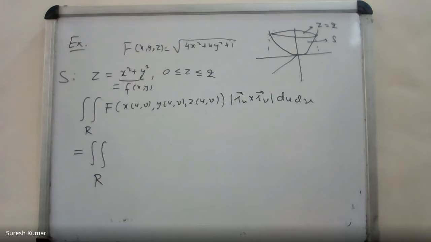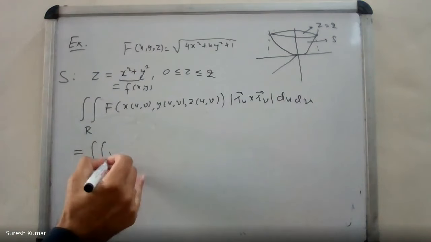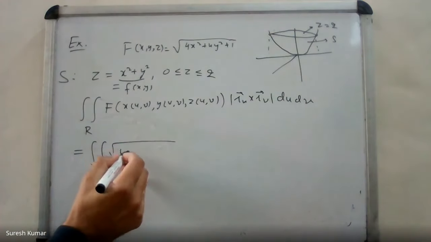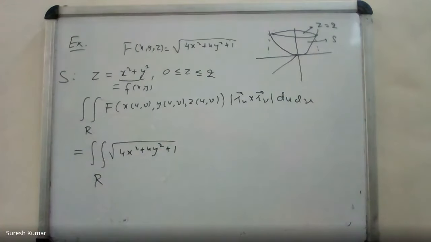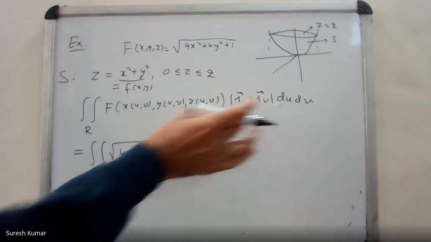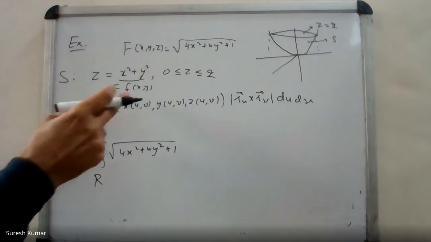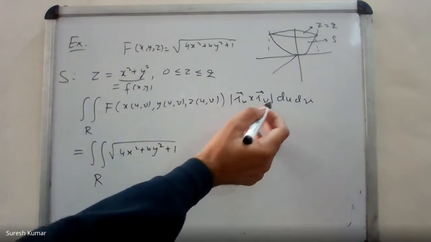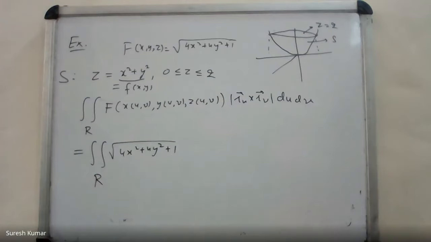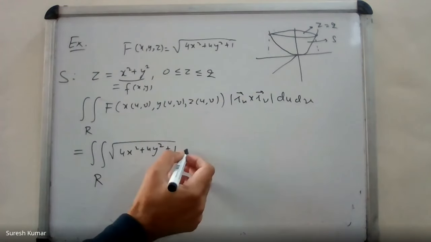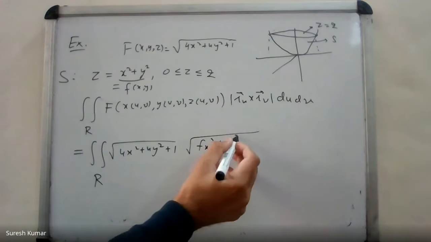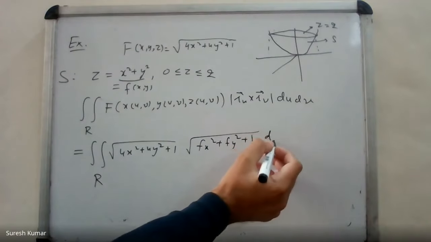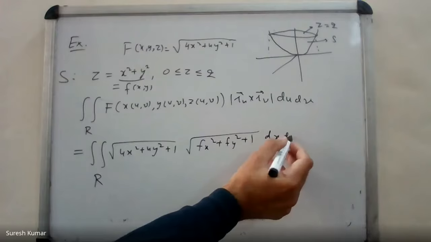Alright. Now, what is capital F in terms of x and y? 4x squared plus 4y squared plus 1. What is the magnitude of r_u cross r_v? For an explicit surface, this is the magnitude of r_x cross r_y in fact. So this, you know, is given by square root of f_x squared plus f_y squared plus 1, then dx dy.